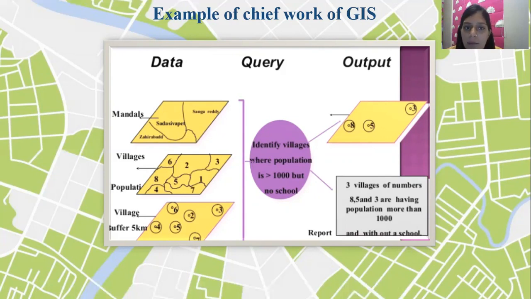That is what I am applying in the buffer. If I want that there should be a school within 5 kilometers, the buffer area of 5 kilometers, I can provide the buffer tool for that too. And hence, by doing this, I can just write the query. You can select the query in the GIS framework, and you can get the answer, that is how GIS gives us the analysis. Now, is it very useful?